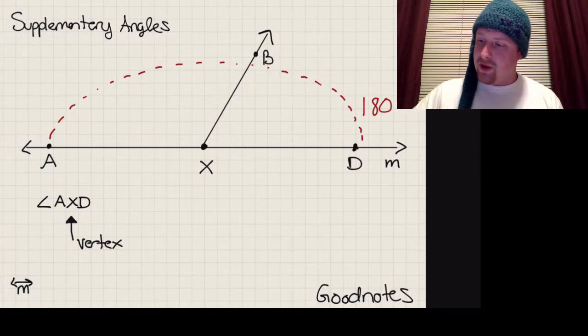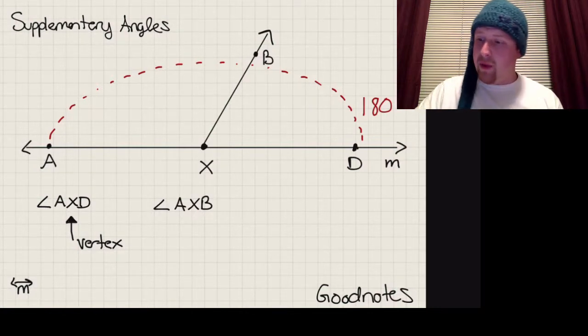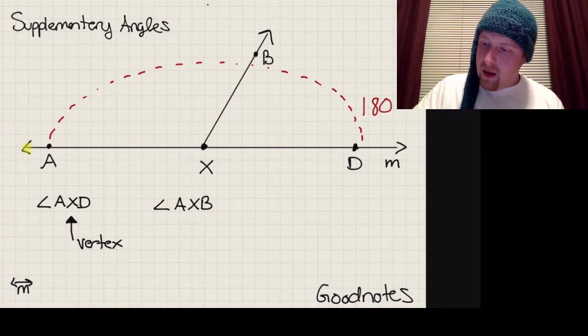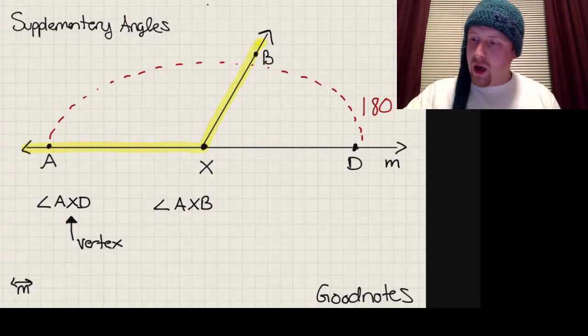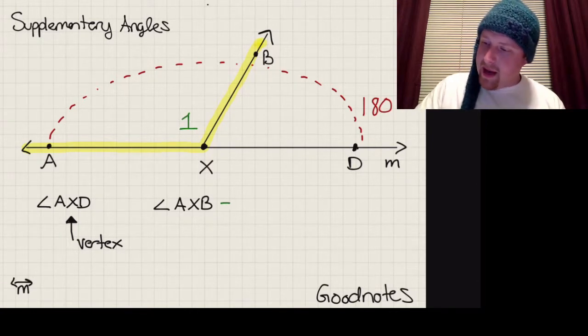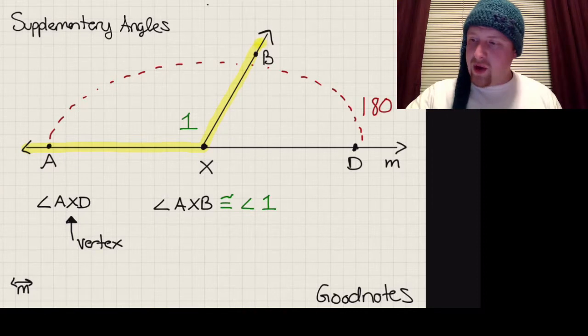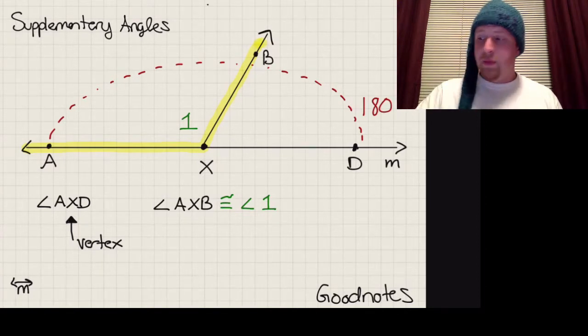I've introduced angle AXB. Notice that that would be, and let me trace that for you, angle AXB. I'm actually going to also call that angle 1. So I'm going to say that that can also be or is congruent to angle 1. So they're kind of like the same. And then there's also angle BXD.